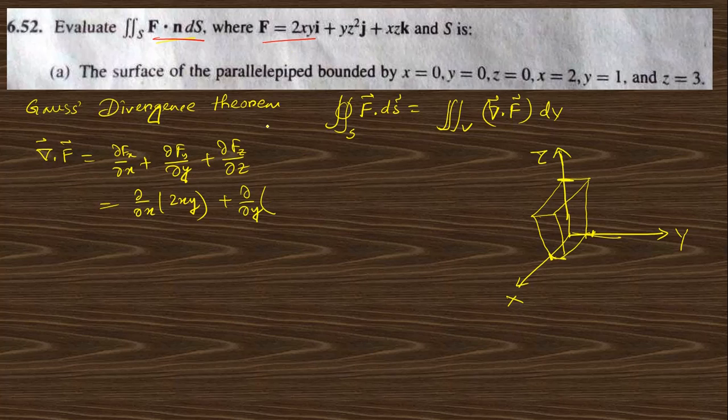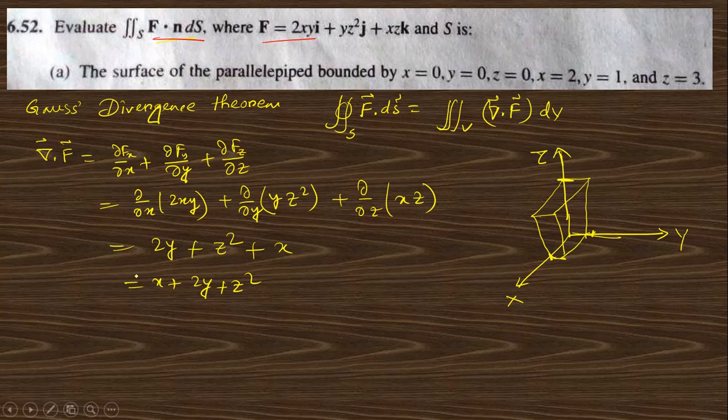If you don't know the divergence, go through the previous lecture. f_z is xz, so this gives 2y, z square, and x. The divergence of A is x plus 2y plus z square.